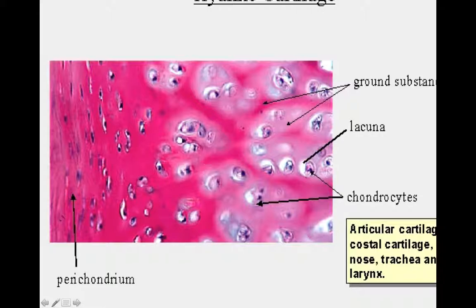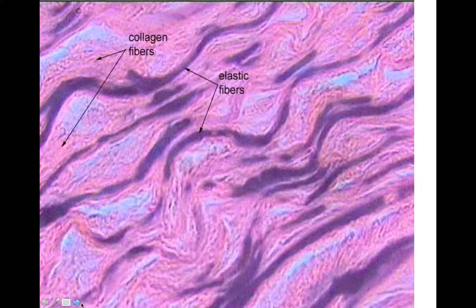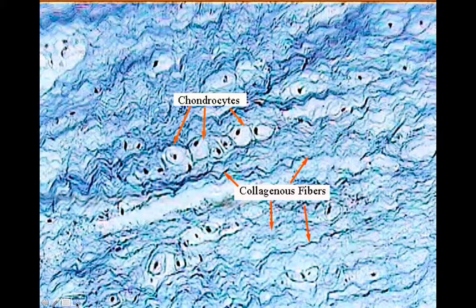This one's hyaline cartilage. This one, you got some collagen, but lots of these elastic fibers. So this would be elastic cartilage. And this one is fibrocartilage.